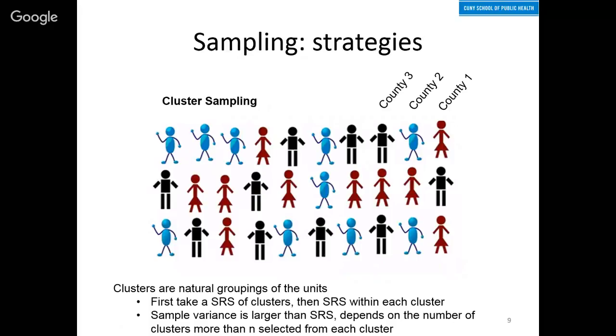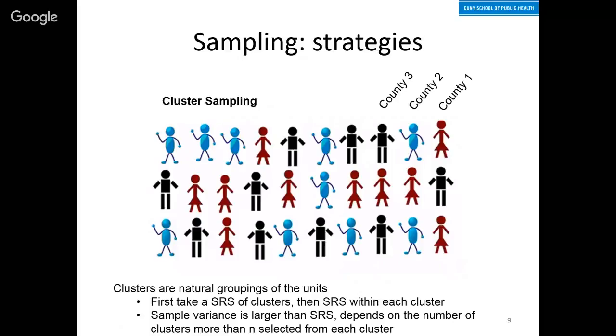Cluster sampling is often a two-stage or multiple stage sampling process, and it is where your individual records occur in clusters.